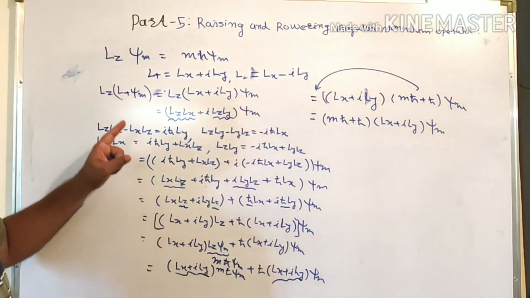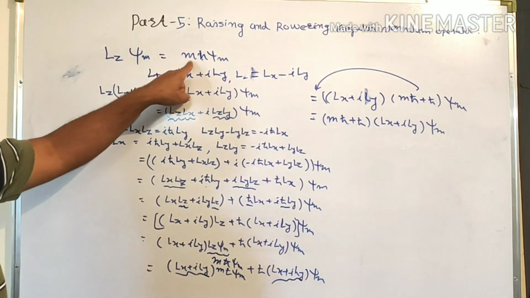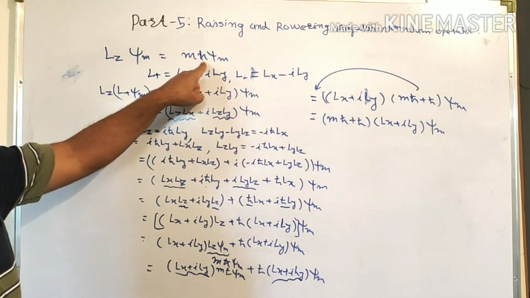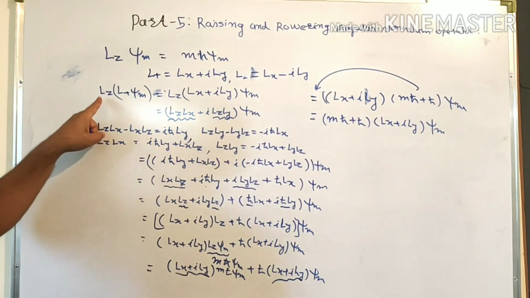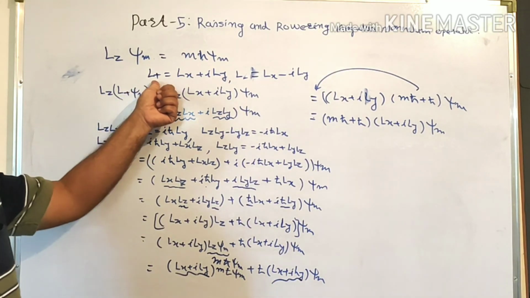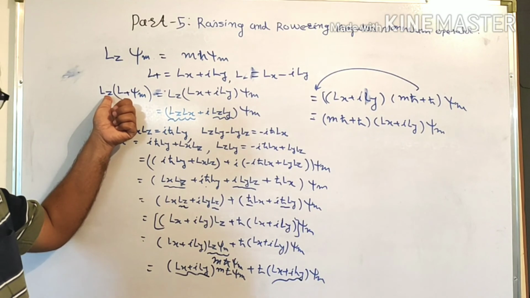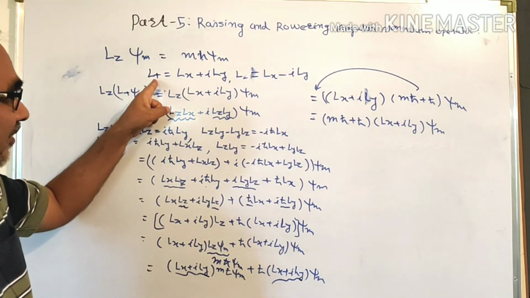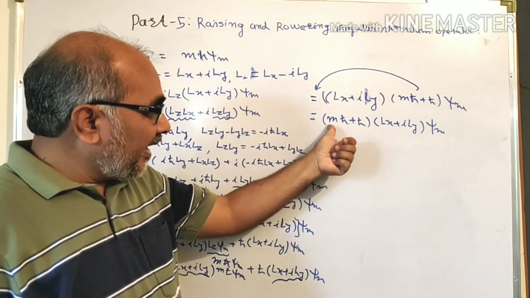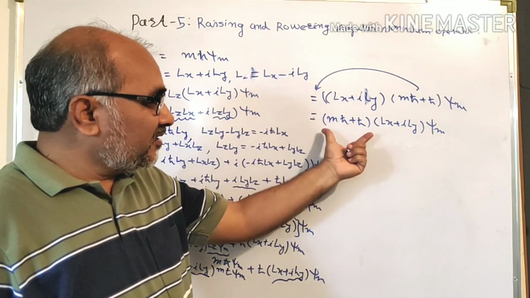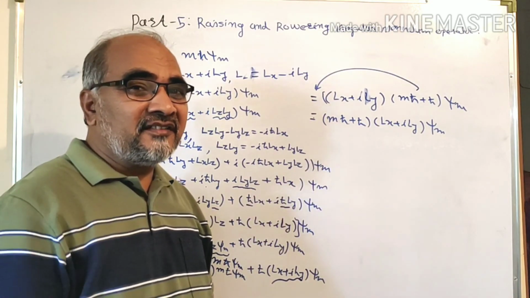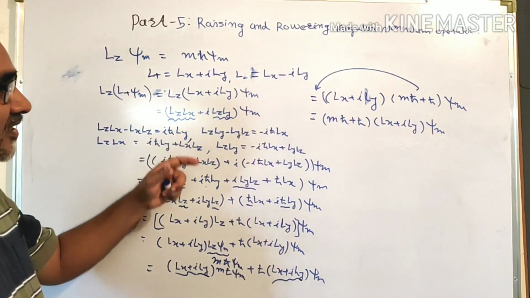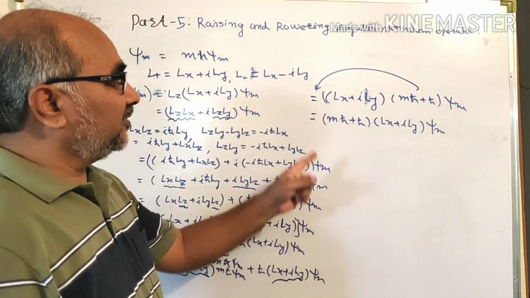So let us see, when Lz operates on psi m, we get mħ psi m. But when the angular momentum operator Lz operates on L plus, we get mħ plus ħ, meaning the eigenvalue is increased by ħ. Therefore this is called the raising operator of angular momentum.